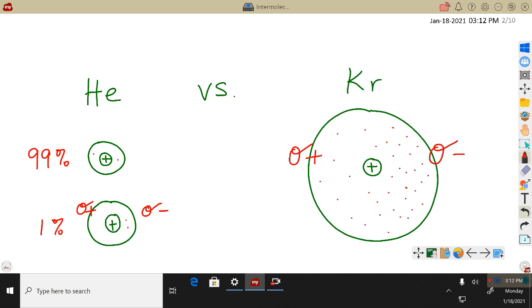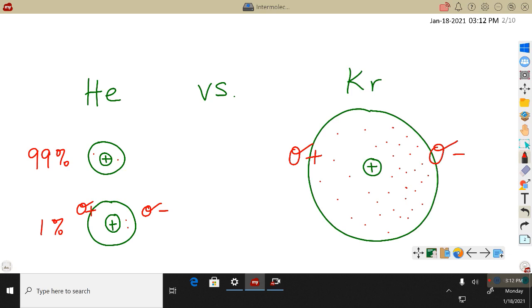So here's the thing that I wanted to show you, that these are both noble gas atoms. And this would be the same for a nonpolar molecule. Nonpolar molecules and noble gas atoms don't have substantial regions of charge. The only way they can create a charge is by the random movement of electrons.